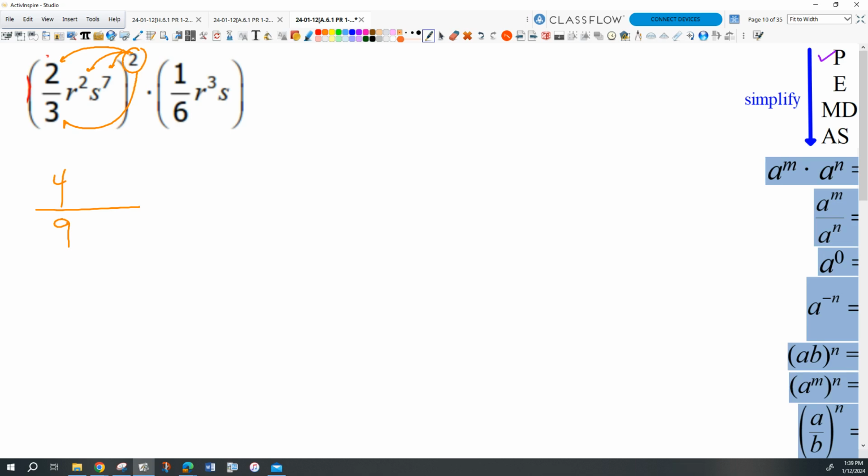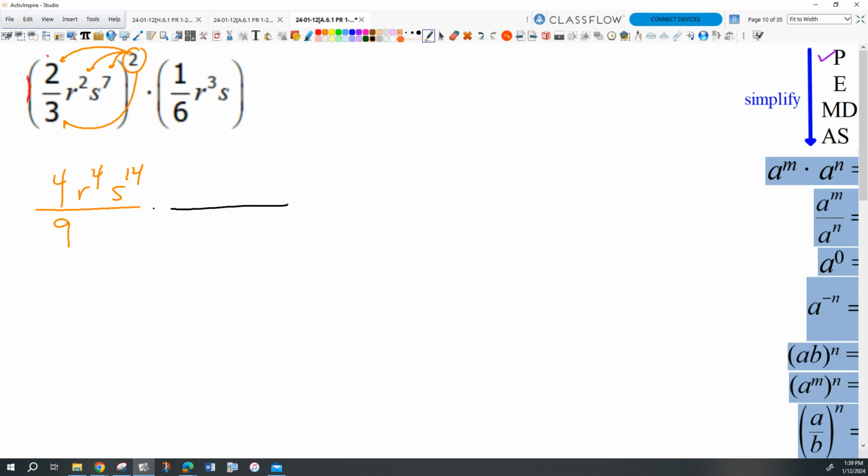Because these are technically over 1, aren't they? So that stays on the top. And what if I distribute to the S to the 7th? That's S to the 14th. Remember, when I take a power to a power, I multiply the exponents. So there's what I get from the first one, agree? Okay.